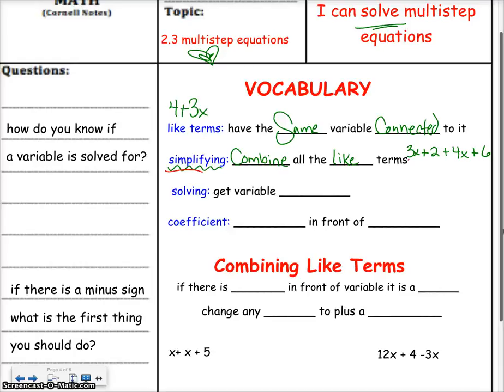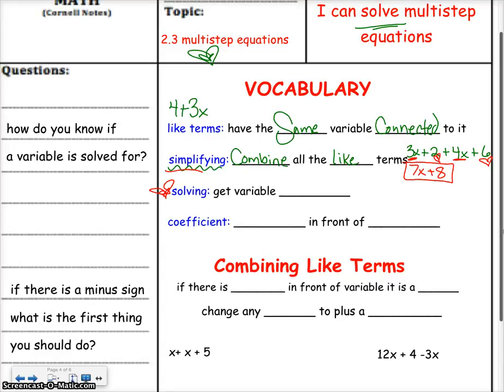So I'm going to combine my x's, 3x plus 4x, I would have 7x's. Now I can combine my whole numbers. 2 and 6, I have 8 whole numbers. And that's what the simplified answer would be. You can't combine that 7 and 8 because they are not like terms.